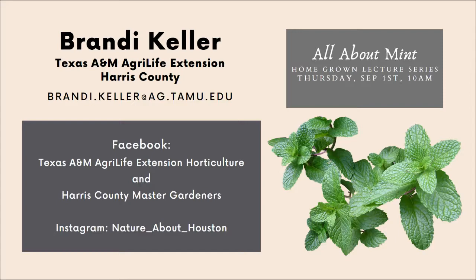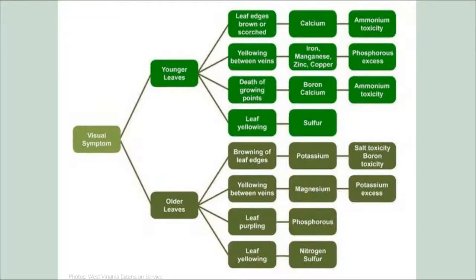Okay. So young leaves, yellowing. And I didn't talk about manganese. That can also cause a chlorosis in addition to iron. So are they all yellow, or is it interveinal chlorosis?